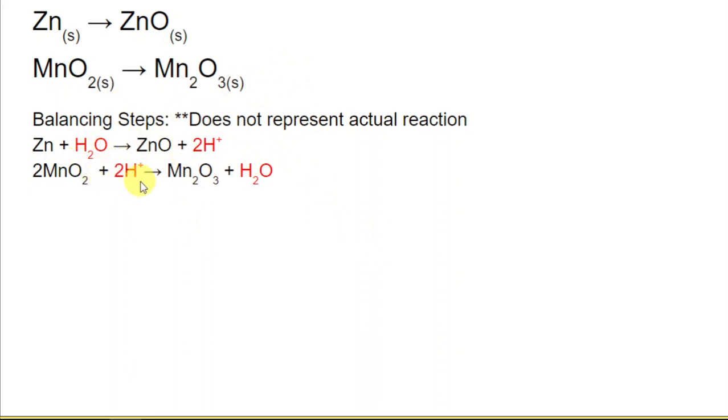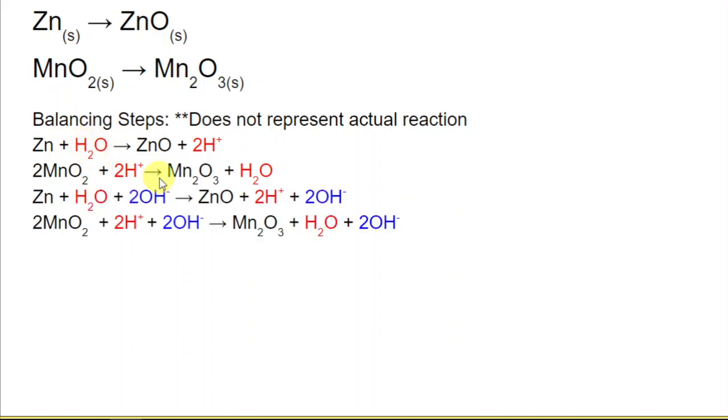First, the manganese is balanced right here, so there are 2 on both sides, and then we add water to balance out the oxygens. And we add hydrogen ions or protons to help balance out the hydrogens that we just have from the water. And then we add hydroxides on both sides to cancel out the hydrogens, because this is actually a basic solution.